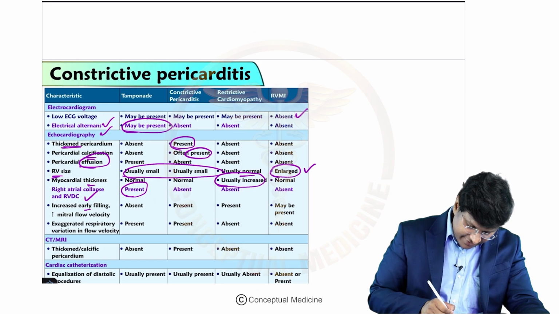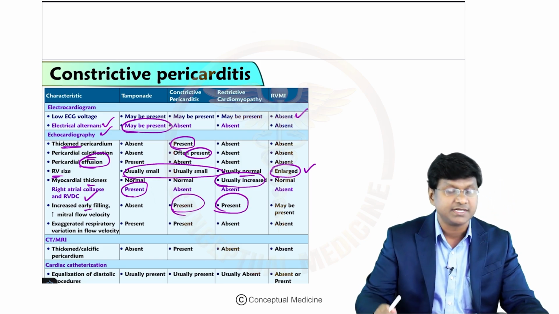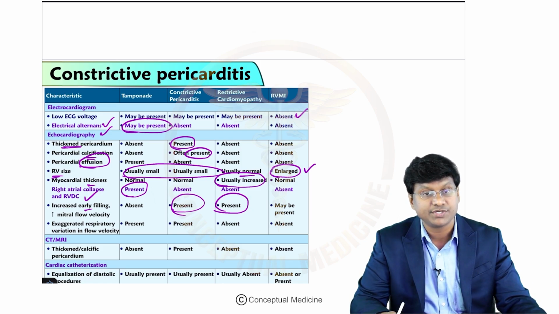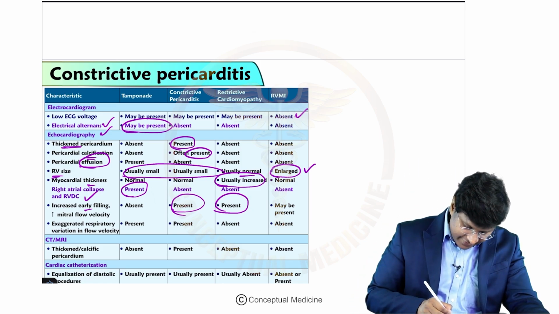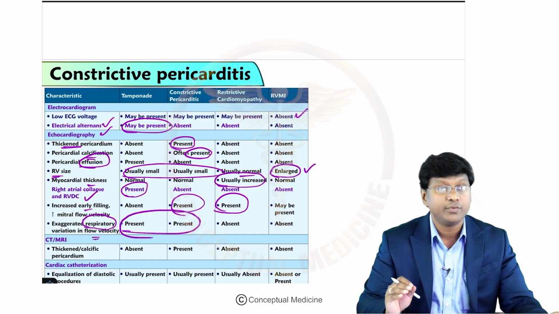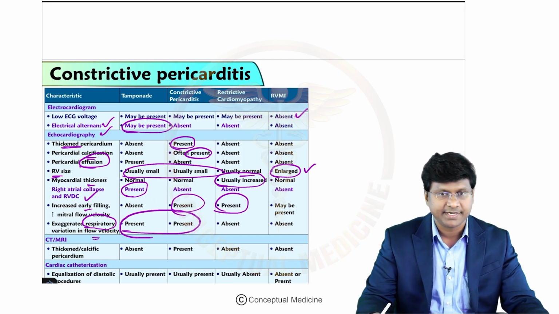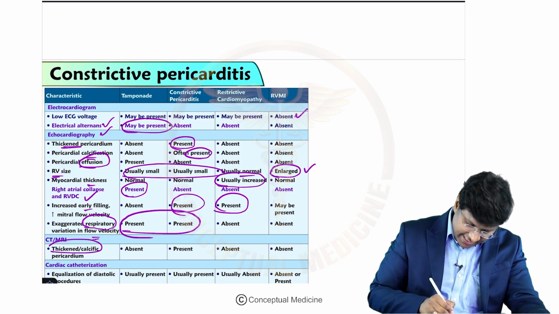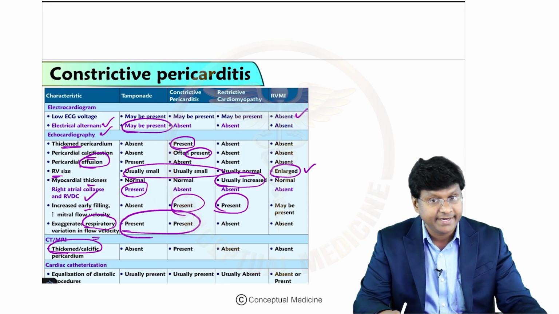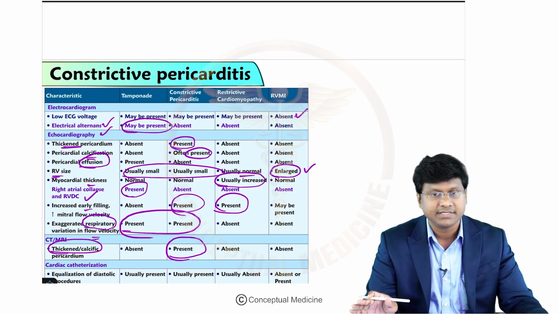Then where do you have increased early filling? You will have that in patients with constrictive pericarditis as well as restrictive cardiomyopathy. And where will you have exaggerated respiratory variation in the flow velocity? You will see that in cardiac tamponade as well as constrictive pericarditis. And in CT scan, the presence of thickened or calcified pericardium you will have in patients with constrictive pericarditis but not in any other condition.